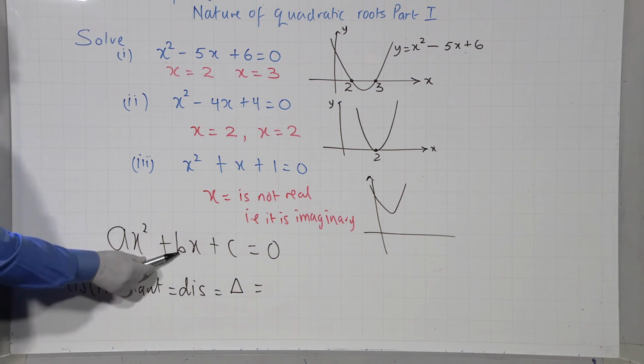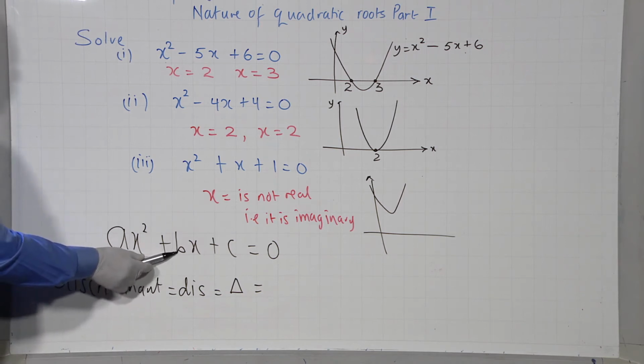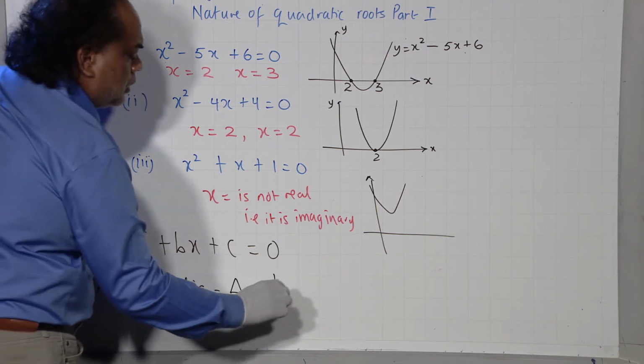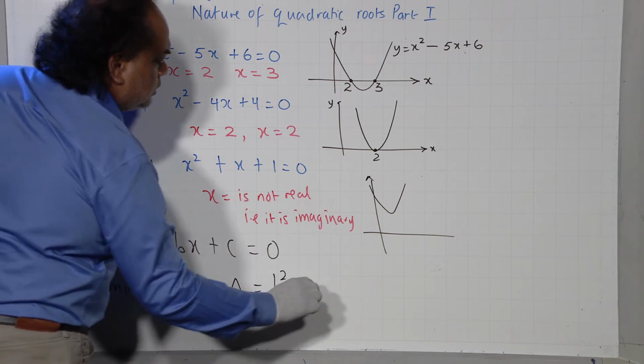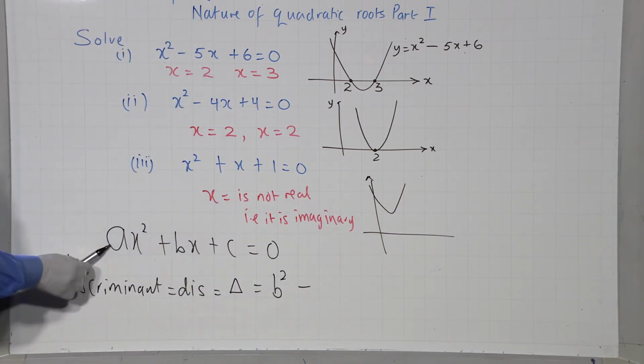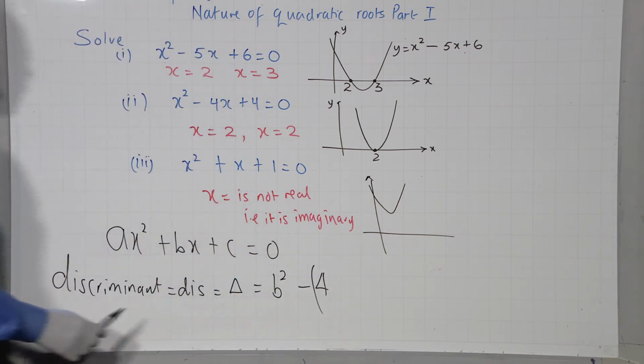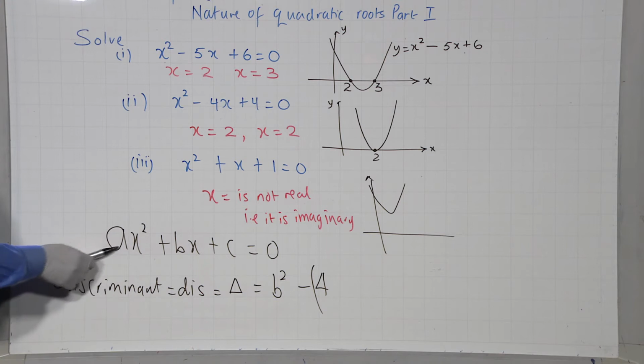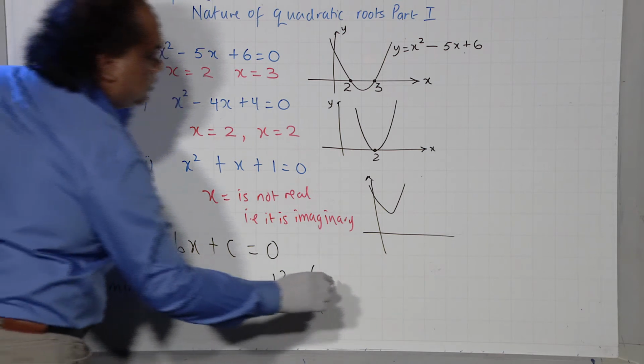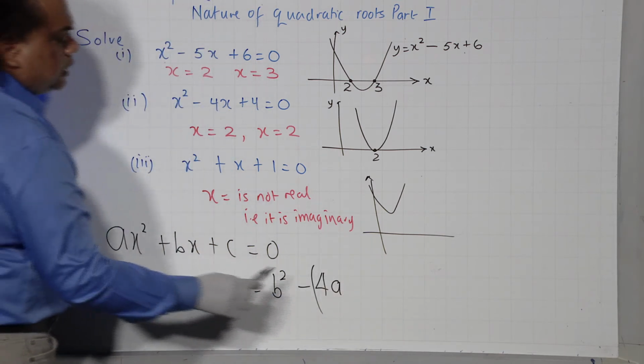It is given by the coefficient of x, which we represent by b, squared minus 4. I usually like to write that in a bracket. 4 times the coefficient of x squared times the constant.